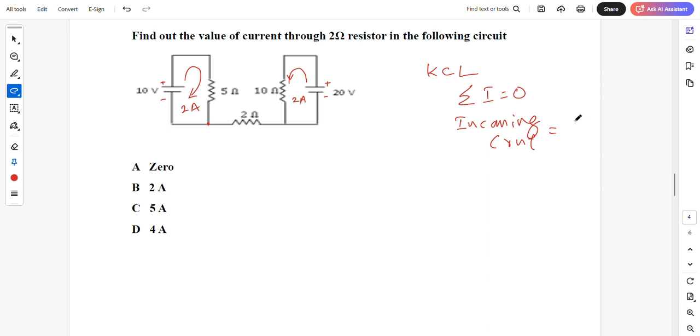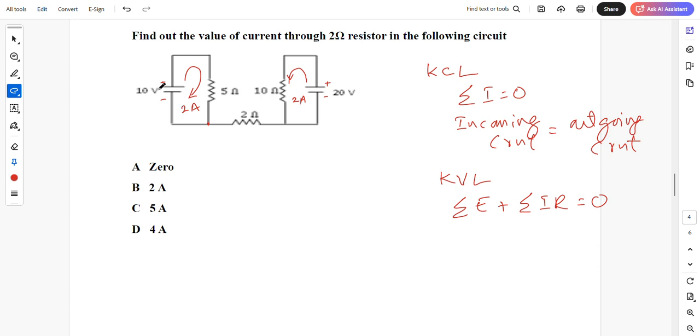And according to KVL, Kirchhoff's voltage law, sigma E plus sigma IR should be equal to 0.